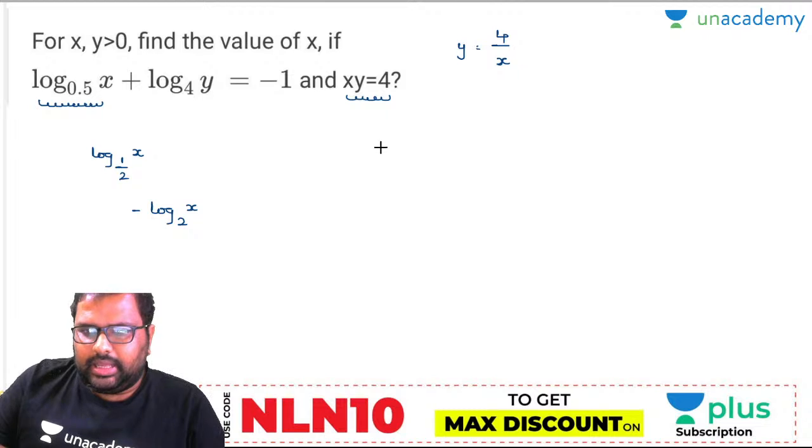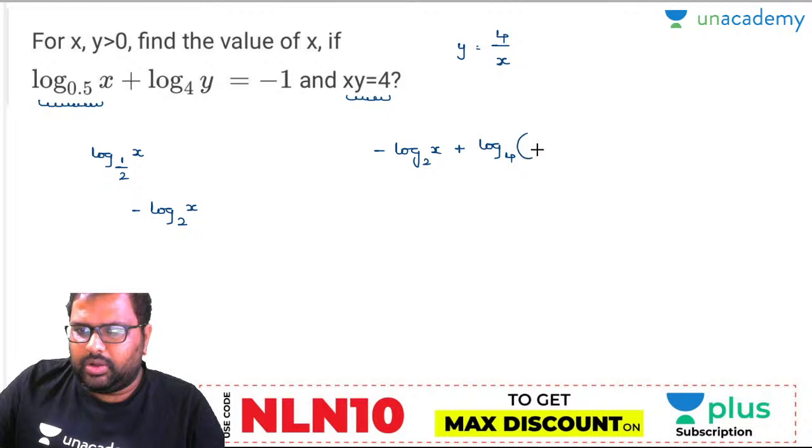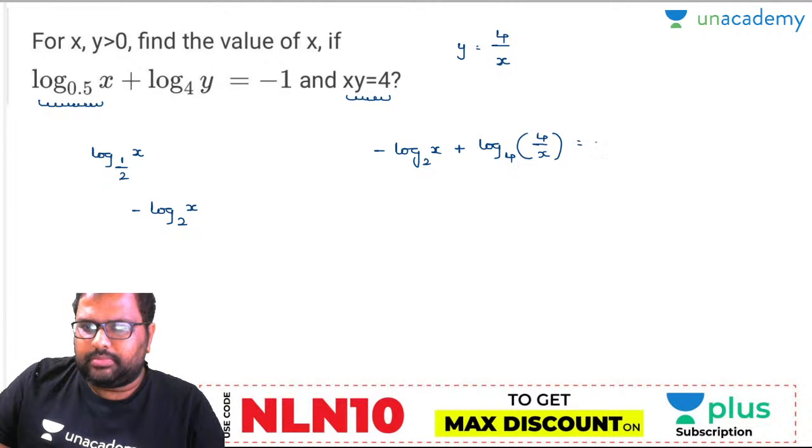So finally, can I write the equation like this? Minus log base 2 of x plus, in the place of y, I will write 4 by x, is equal to minus 1.